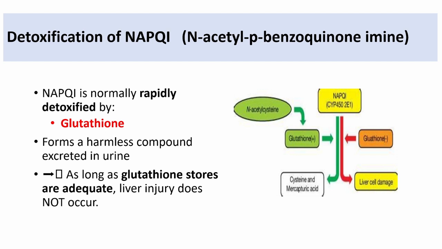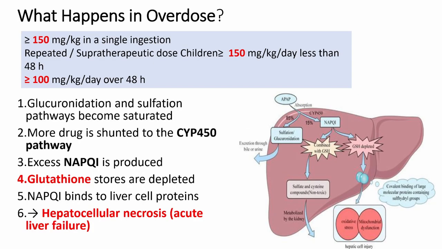If the glutathione level is low and toxicity is higher, glutathione is depleted, because the safe pathways are saturated and the toxic pathway is getting higher. Toxic metabolites rise in the liver, ultimately causing liver failure and liver toxicity.